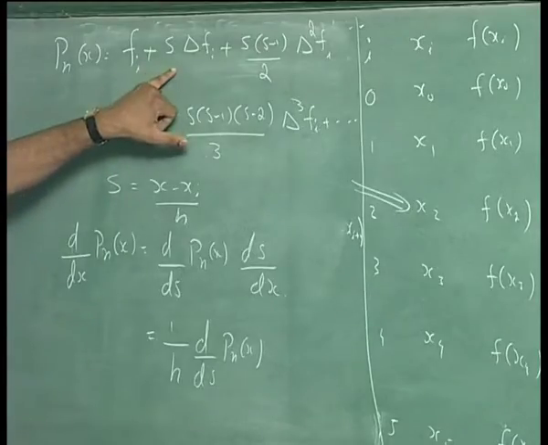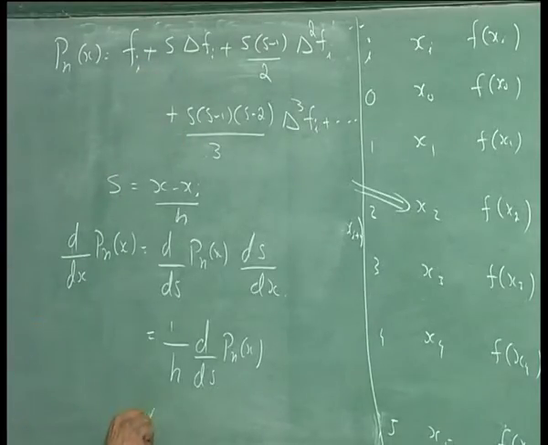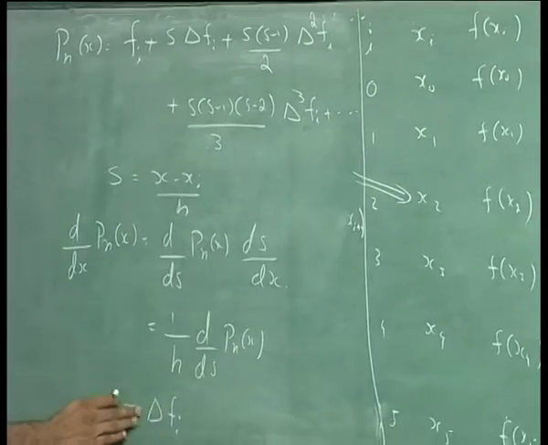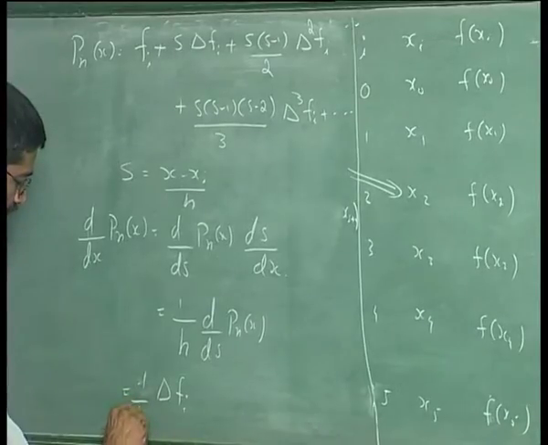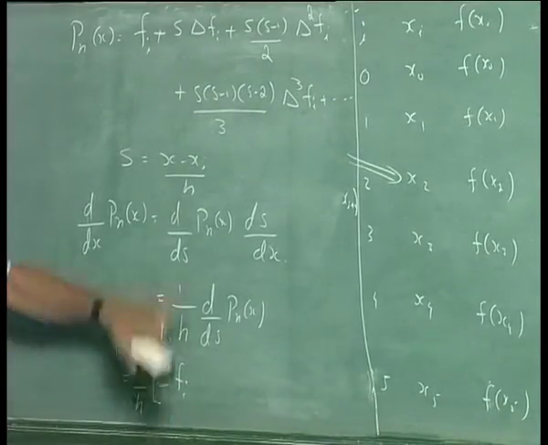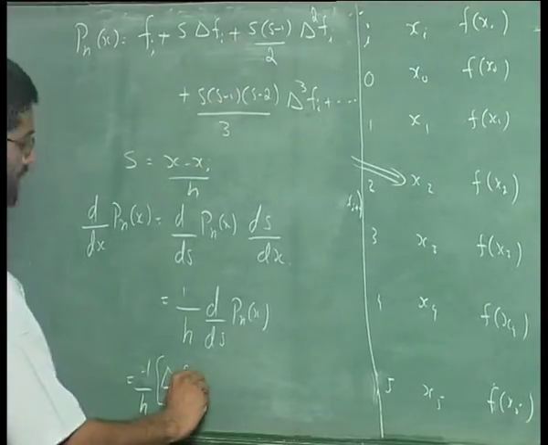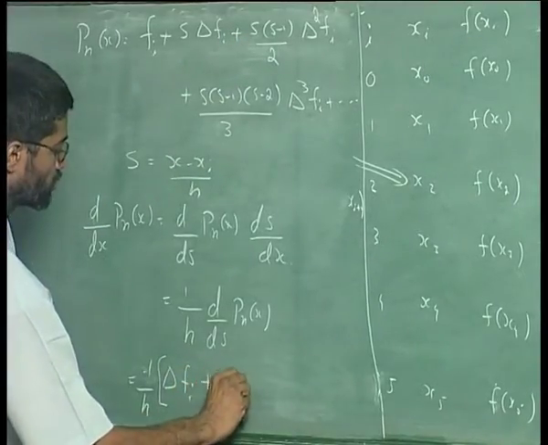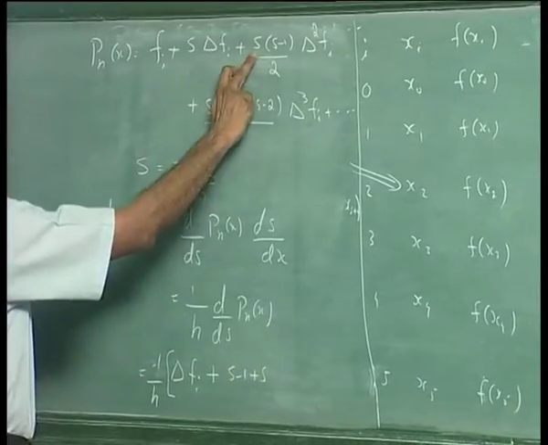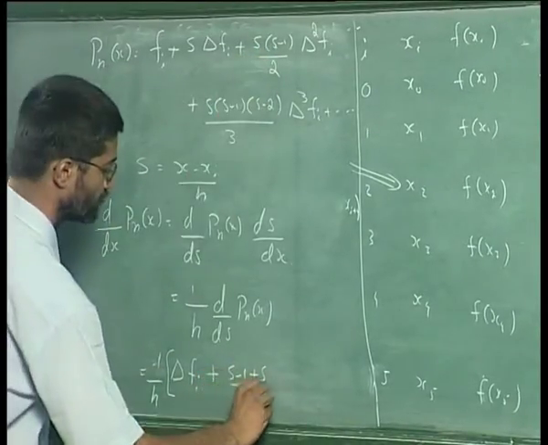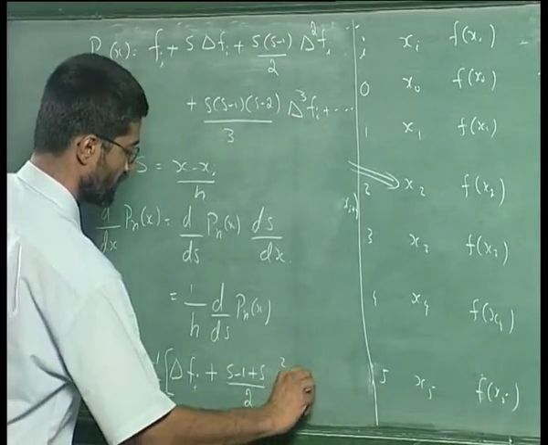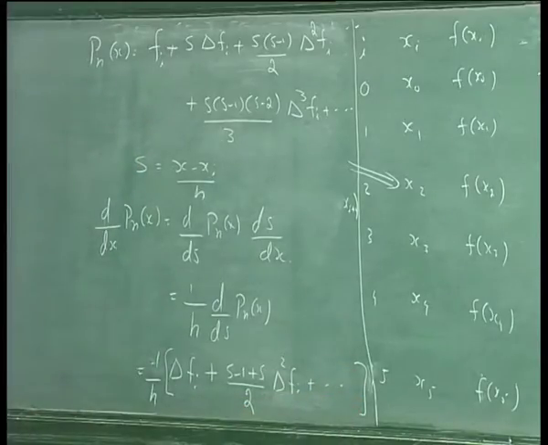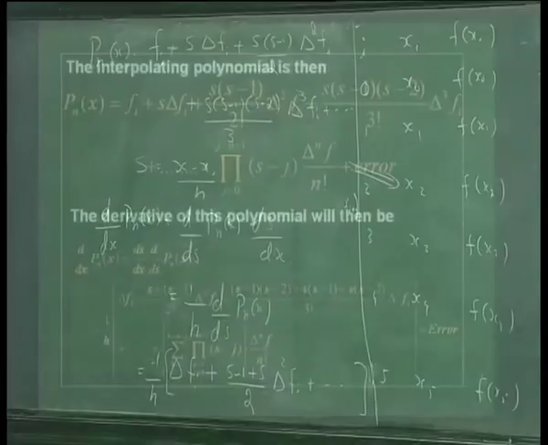So it will start with del fi, that will be the first term, with 1 over h, and the second term would be, as you can see, s minus 1 plus s, so s minus 1 plus s by 2 into del 2 fi, etc. That's what we will get. The whole term is written here.